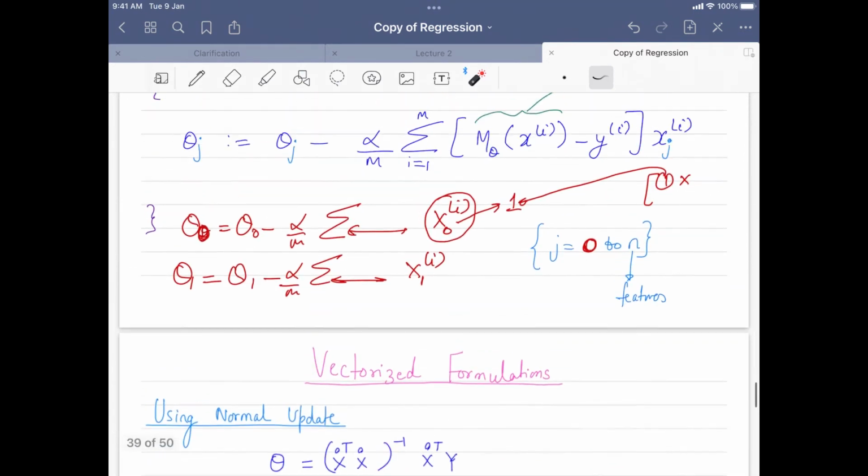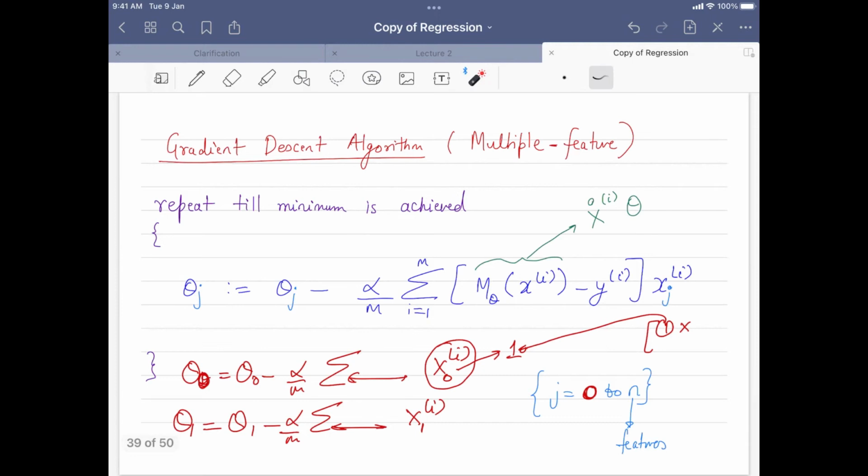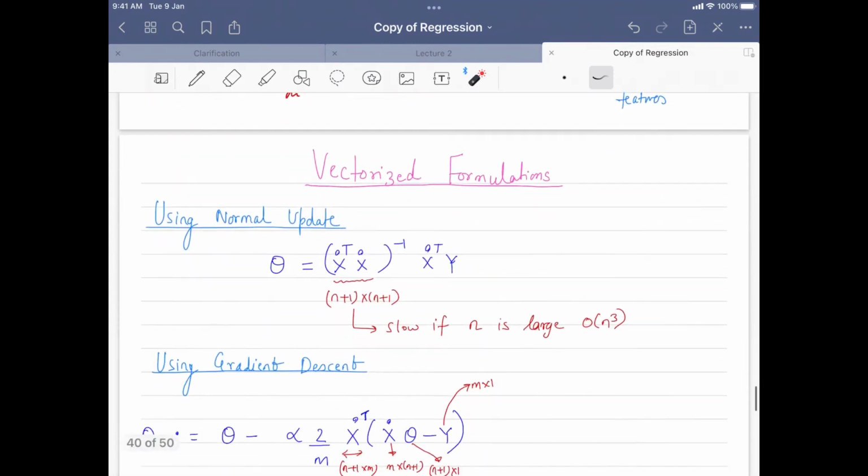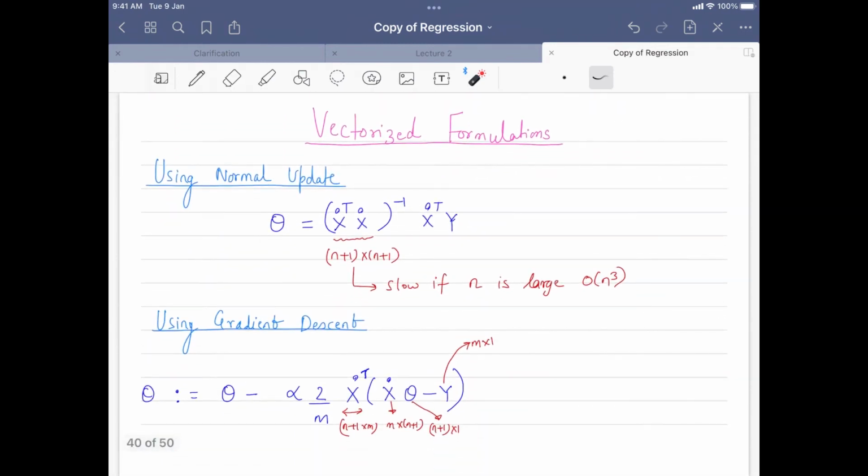So now if I want to represent the vectorized implementation of the multiple feature case, it will also be the same as we had done for the single feature case. But remember, in the earlier case when we were using a single feature, x transpose x had a dimension of 2 cross 2, if you remember. But now if you have n features, the dimension of this matrix is n plus 1 cross n plus 1.